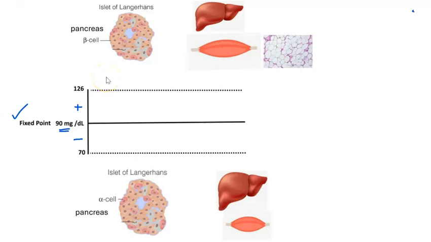The receptor of blood sugar levels is actually the pancreas, and it is sensitive to both the high levels of blood sugar and the low levels of blood sugar. Now, the type of event which might increase your blood sugar level, so we would see the level rising above the fixed point like so, would be typical of having a meal and consuming food.